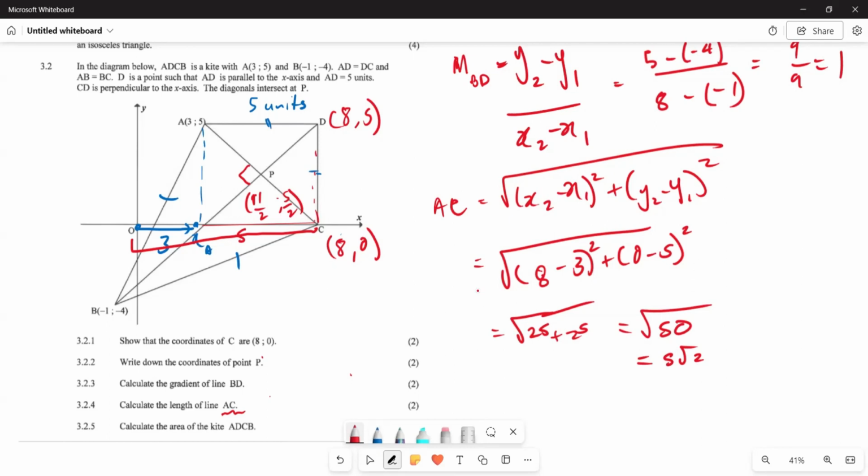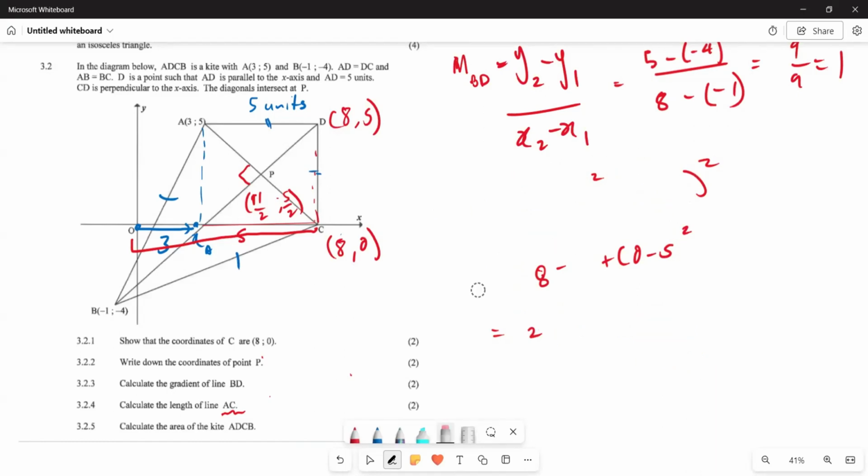Now, lastly, they want us to find out the area of the kite. In order for us to find the area of the kite, let me just make up my space here and see what I can do.